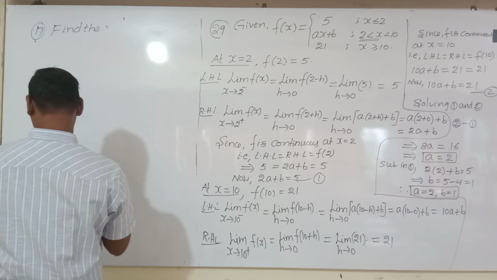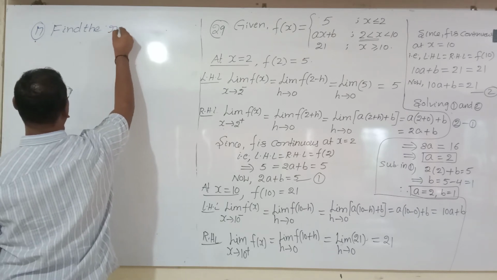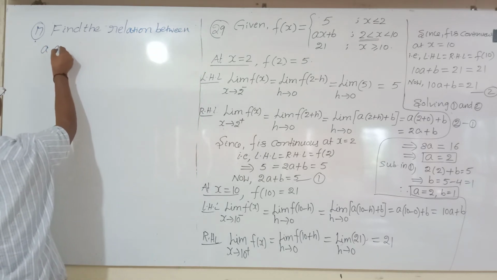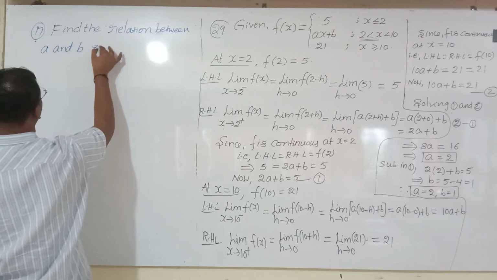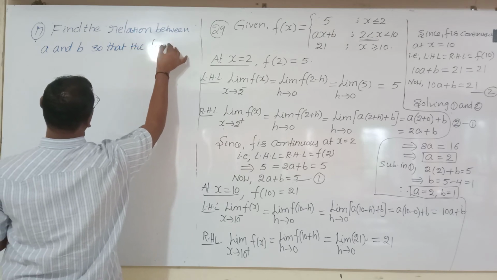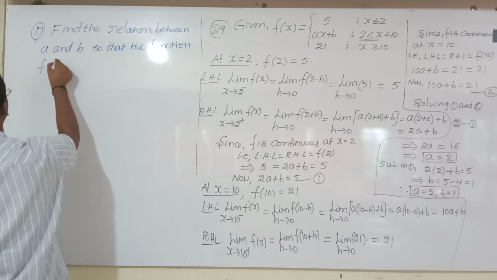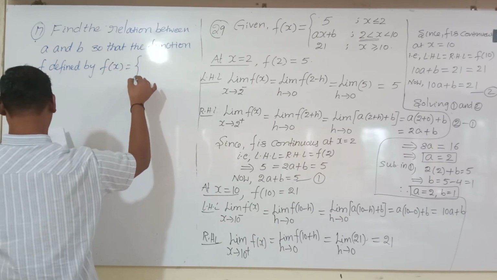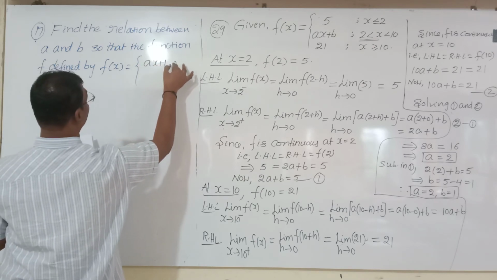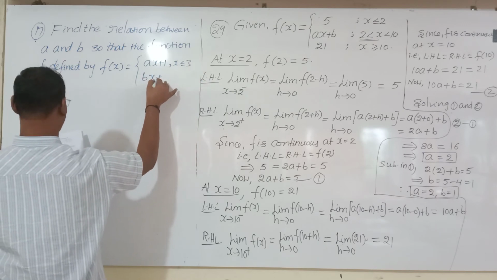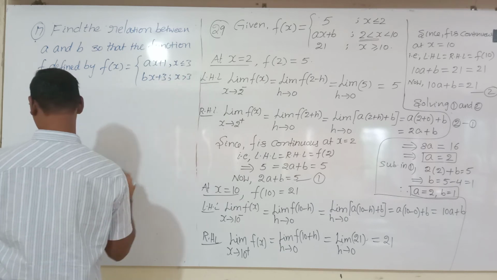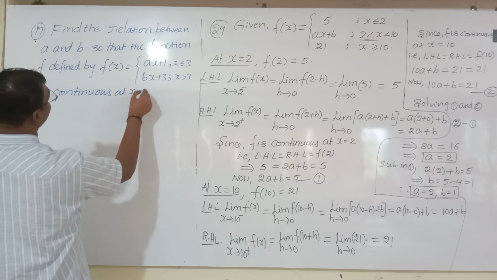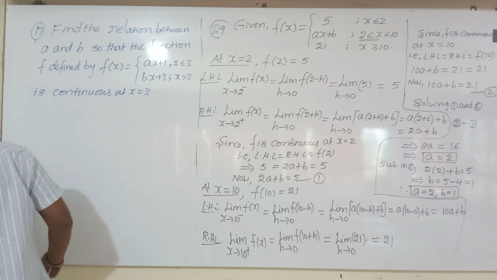The question is: find the relation between a and b so that the function f defined by f of x is equal to ax plus 1 when x is smaller than or equal to 3, bx plus 3 when x is more than 3, is continuous at x equal to 3.